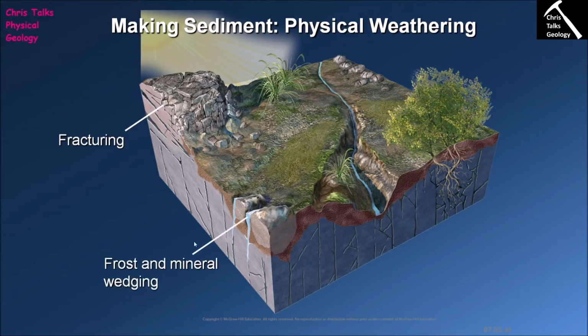One of these other processes is frost or mineral wedging. Frost wedging occurs where we have a crack in our rock, and during the day, when the temperature is above 0 degrees Celsius, liquid water moves along or enters the crack, maybe from the soil. During the night, the temperature drops below 0 degrees Celsius, so that water freezes.